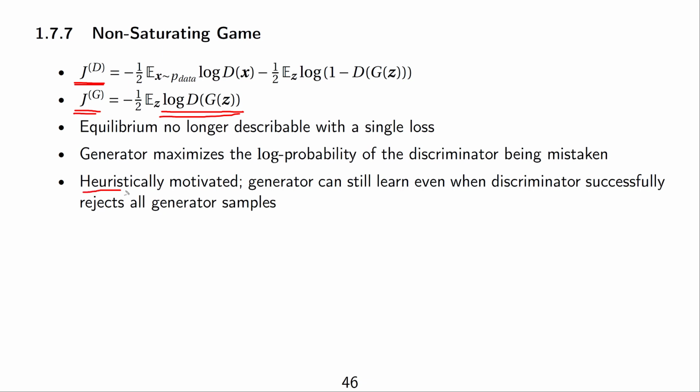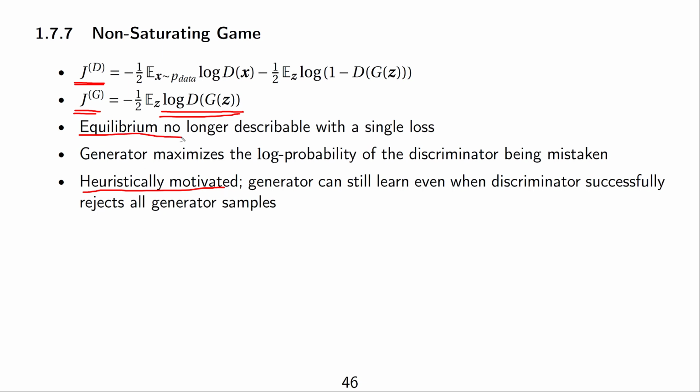Now, the whole thing is heuristically motivated. It's a modification that is not justified by an extensive derivation. It's mainly justified by the observation that the generator cannot learn, or can only learn very slowly, when the discriminator rejects all or almost all the samples.